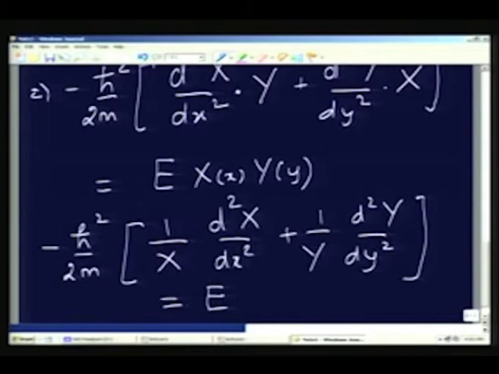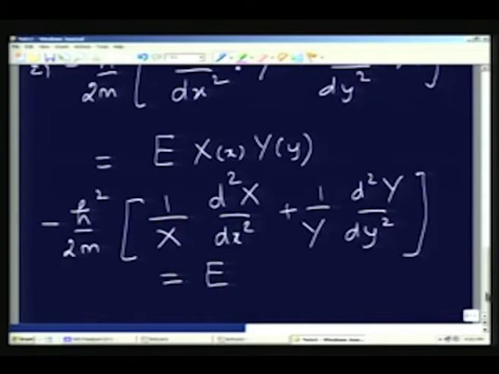It is a very simple method of separation of variables, and the argument now is that these two terms, 1 by X d square X by dx square and 1 by Y d square Y by dy square, are two independent quantities.